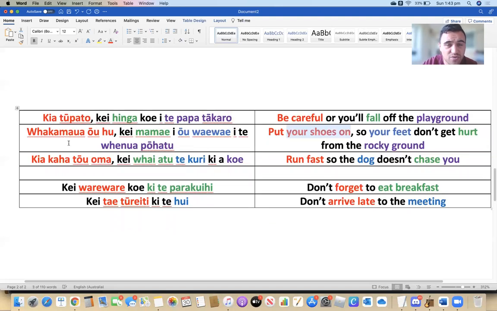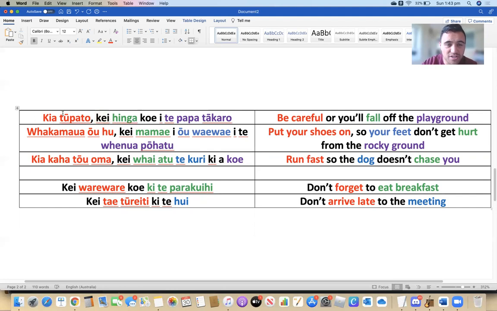Kia kaha tō oma, run fast, or make your run strong. So what we're saying here is we're providing some sort of direction, some sort of command, and then subsequent to that, we're providing the reason why.